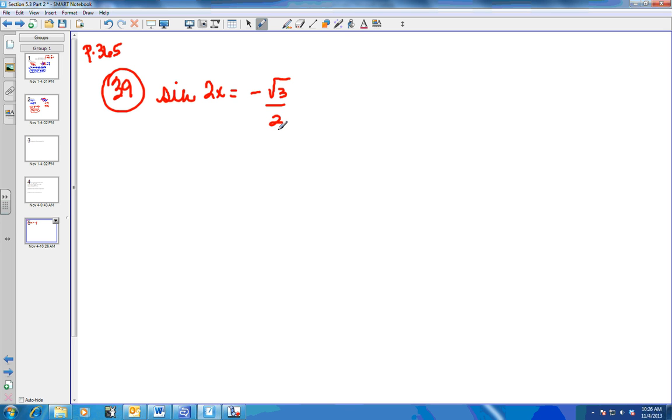So here's the deal. They actually saved me a step. It's already solved for sine 2x. If I'm not sure where sine is negative square root of 3 over 2, I can draw my triangles. All students, so my triangles would be in the third and fourth quadrants, because that's where sine is negative. Sine is y over hypotenuse, or opposite over hypotenuse.